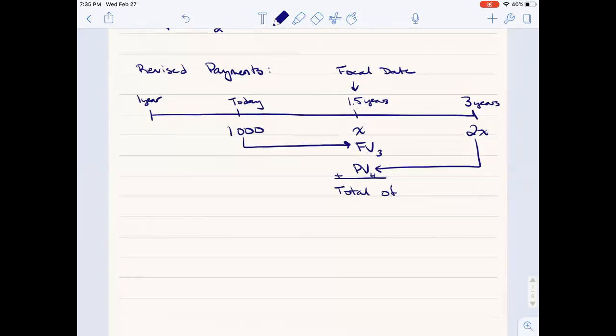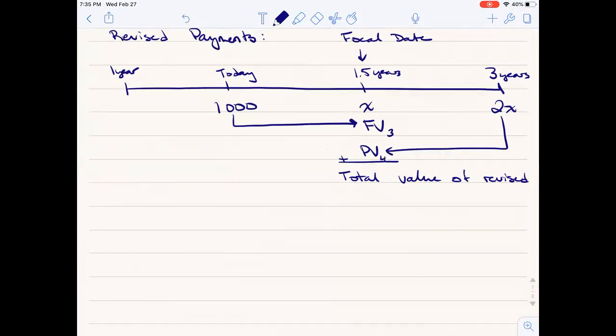Total value of revised. In order to be equivalent, you wouldn't agree to this repayment plan unless it was equivalent.